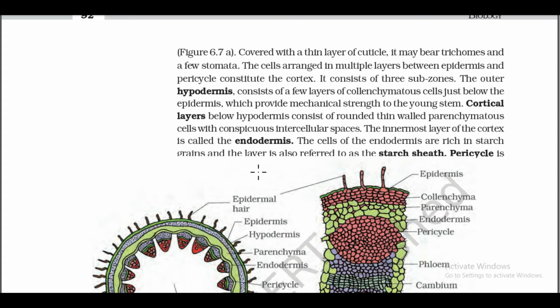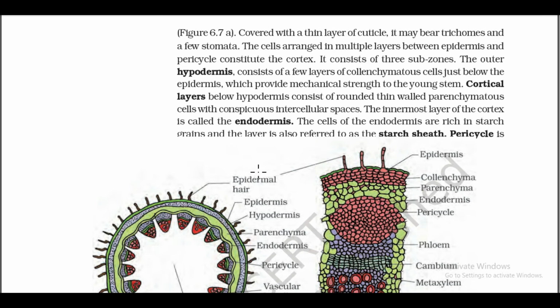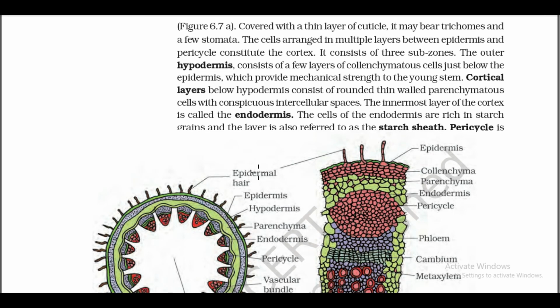The outermost hypodermis consists of a few layers of sclerenchymatous cells just below the epidermis, which provide mechanical strength to the young stem. Cortical layers below the hypodermis consist of rounded thin-walled parenchymatous cells with conspicuous intercellular spaces.